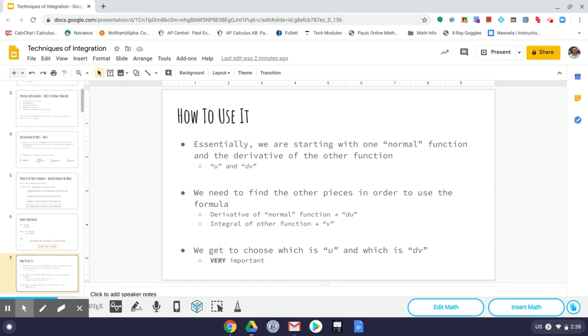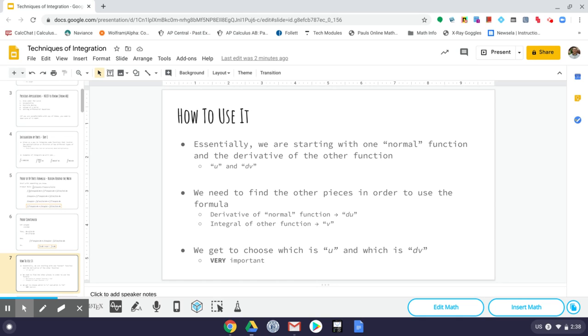But we're going to assume we're starting with not u and v, which I think is natural to think, but we're actually going to start with the function u, like your g of x function, and then the derivative of v, or the derivative of f. Those two things are what's going to be multiplied together, and we need to figure out the integral of u multiplied by dv.